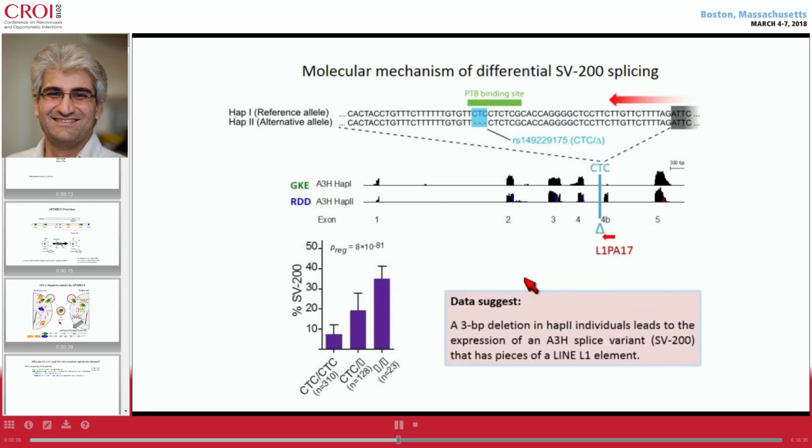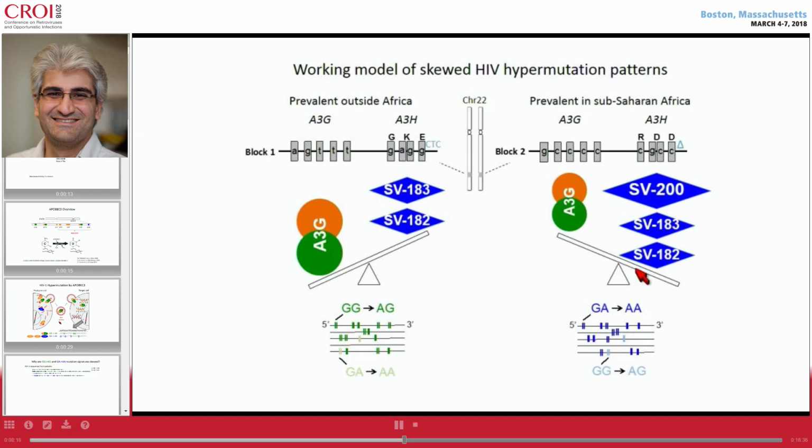One thing to note is that the entire exon is part of a LINE element which has integrated and is pretty ancient. This brings us to our current working model. Outside Africa, it's A3G which is winning, and you see the green hypermutation patterns on the HIV genome here.